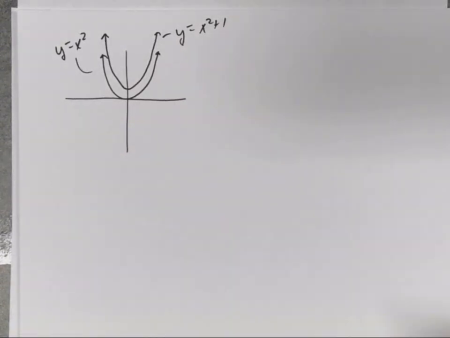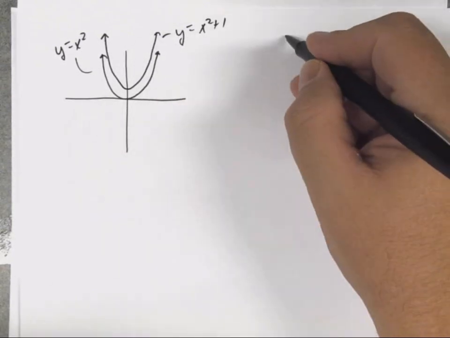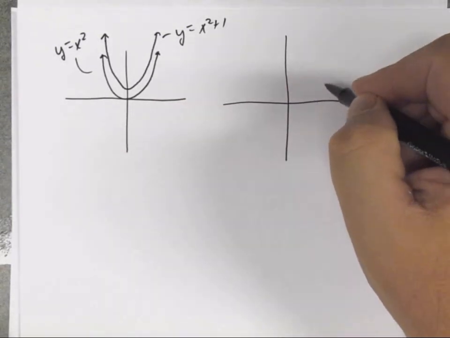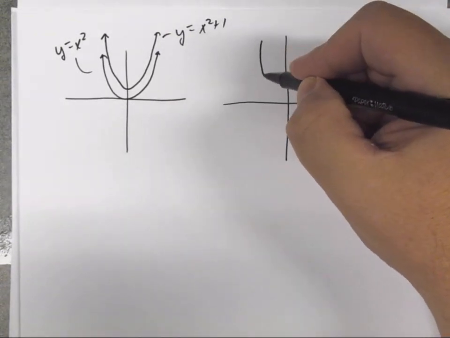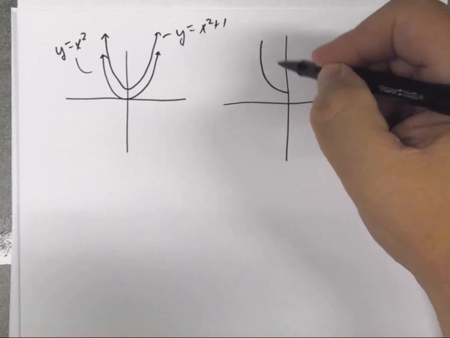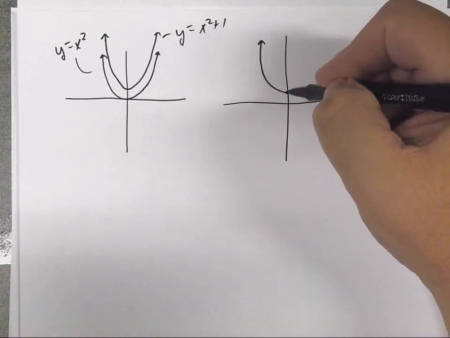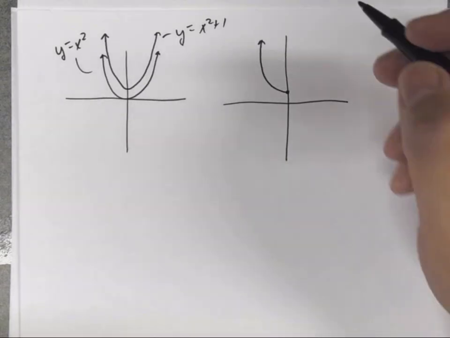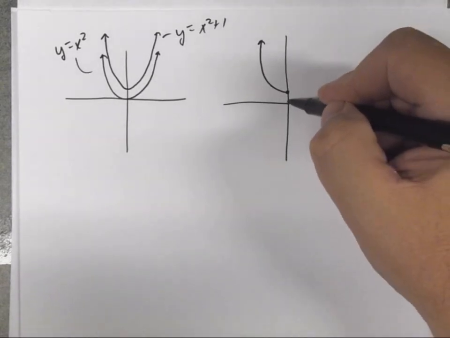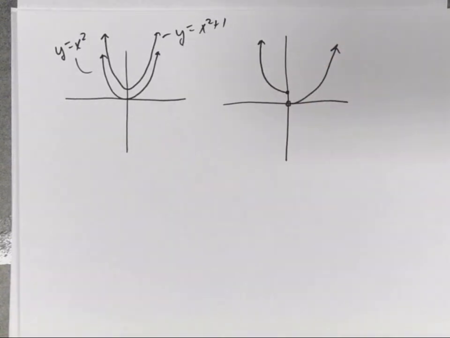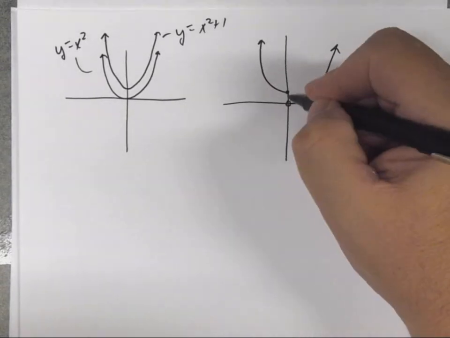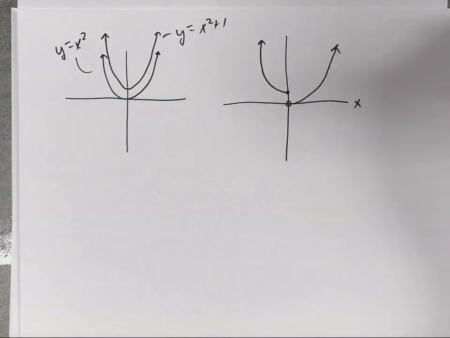But the thing is, it's x squared plus 1 for x less than or equal to 0, and then it's x squared when it's greater than 0. So here's that function. When we look at x equals 0, is there a gap or a jump? Yep. So that just confirms what we found mathematically.